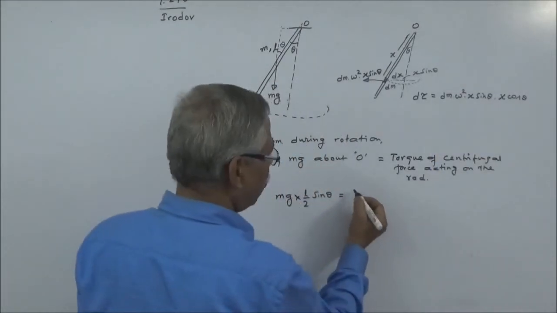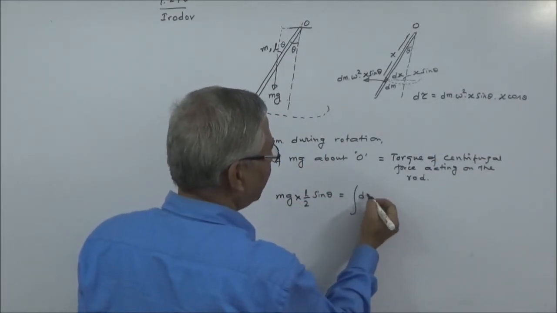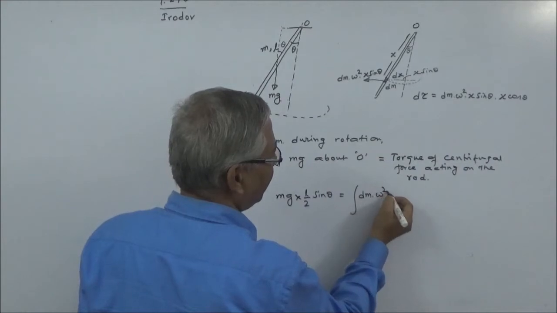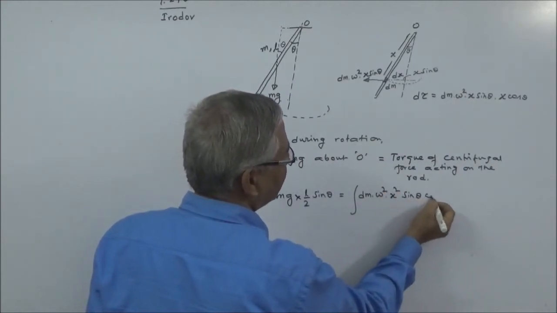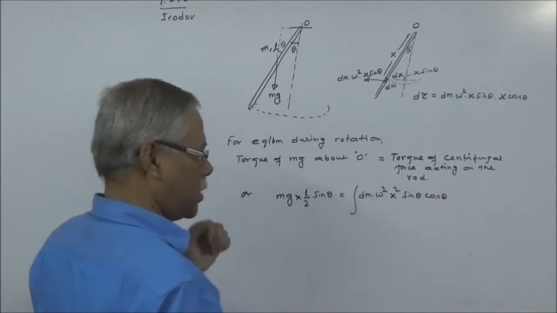So the torque equals the integration of dm omega square x square sin theta cos theta.